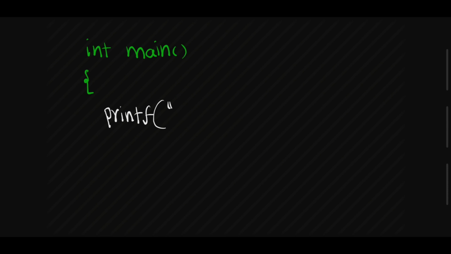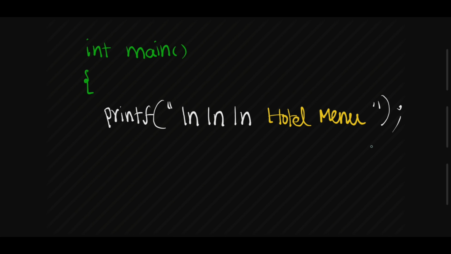We should use backslash n followed by hotel menu, close the double quotations, and a semicolon. In the next line, to get the next line, we should use backslash n.